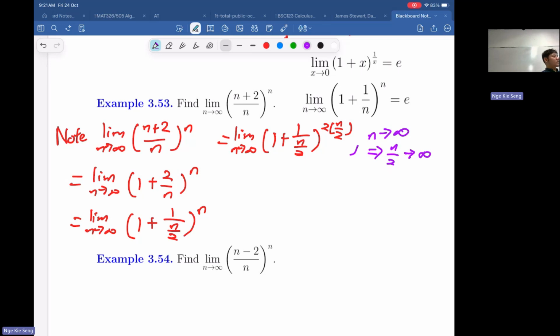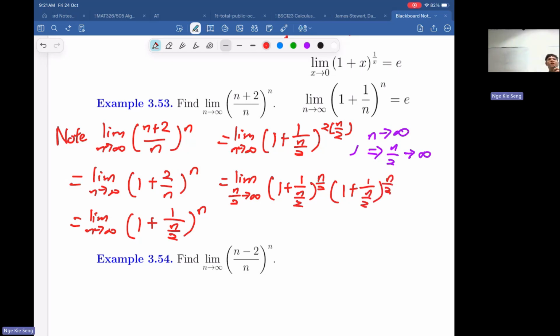Okay, so we can change the way we take the limit. Instead of taking n to infinity, we take n over 2 to infinity. In that case, we have the product of these two things. Since the limit exists for this product, we can calculate it as a product of limits.